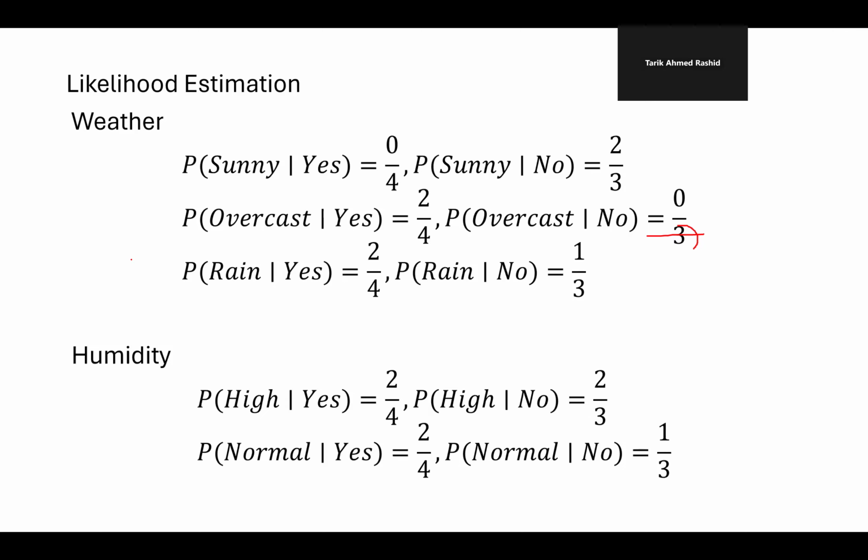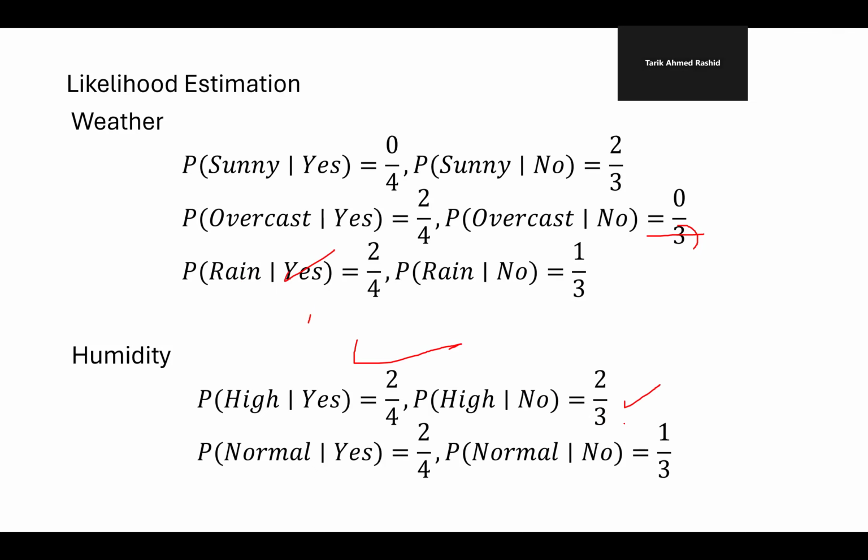Likewise, we can do it for humidity. We have yes, 2 yeses in high, over 4 yeses in the whole data set. That is done. And for high, we have two no's for high, over the three no's that we have.